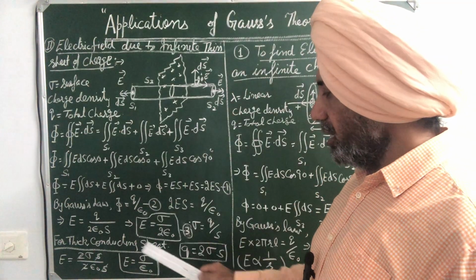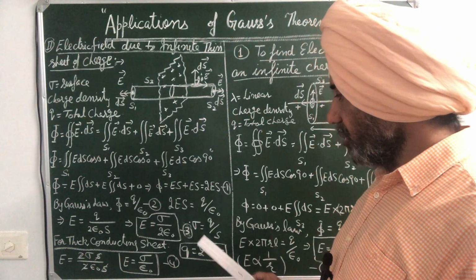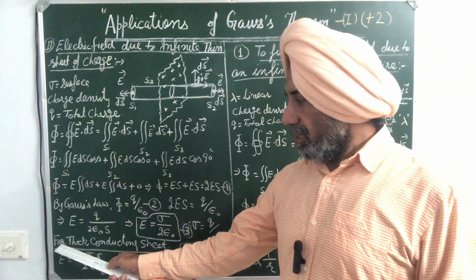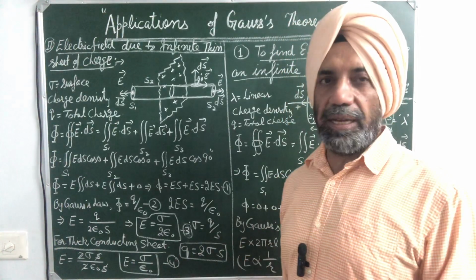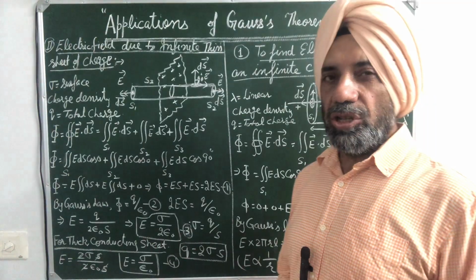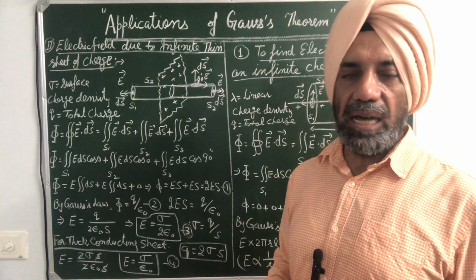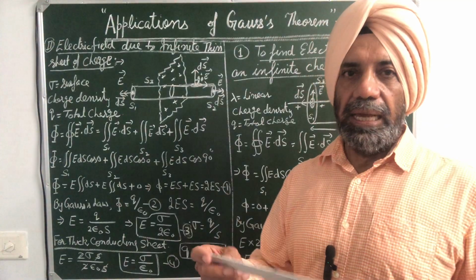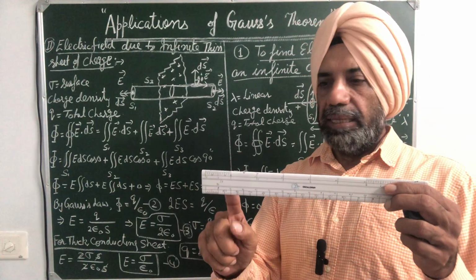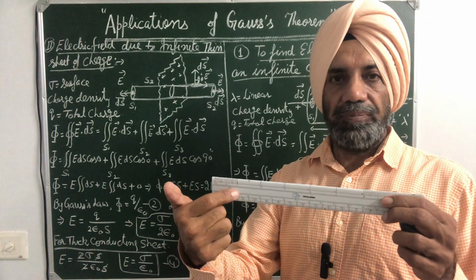If sigma is constant, then the electric field is constant. Now, a special case: if there is a thick conducting sheet, because charge always resides on the surface of the conductor. If the conducting sheet is thick, then we have to consider charge on both sides of the conducting sheet.